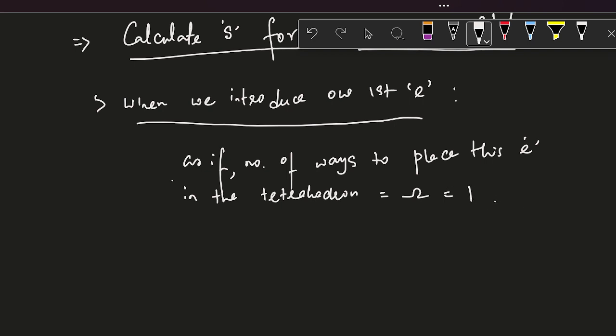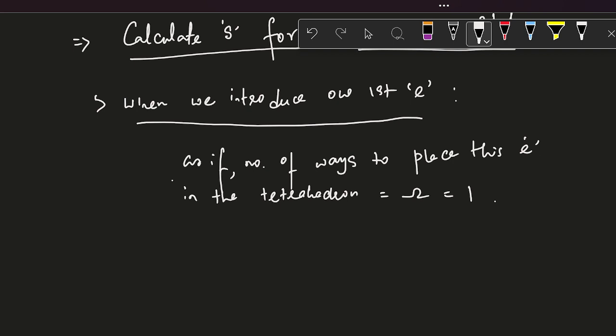Why 1? Even if you have 4 corners to place the charge, the number of ways to do this is only 1, because it does not matter whether you place the charge here, here, or here.